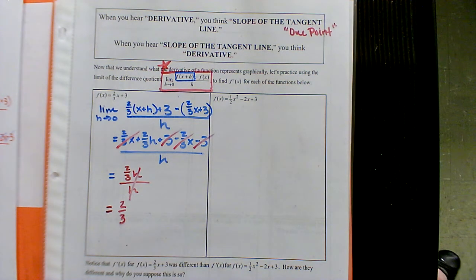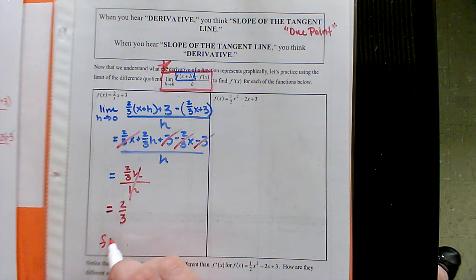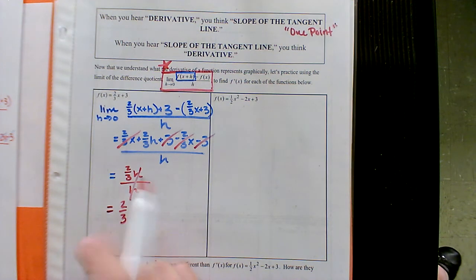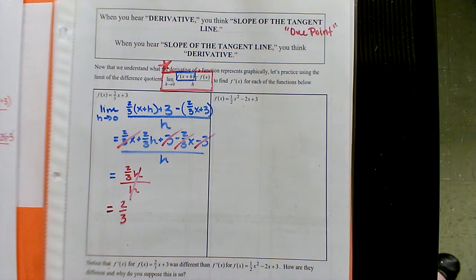Okay, we could try to substitute in the h value of 0, but there's no h left to do that. So this 2/3 in the end is representing the derivative. Do we remember yesterday our little symbol, our notation that means derivative? What it looks like, or how you say it, maybe? Yeah.